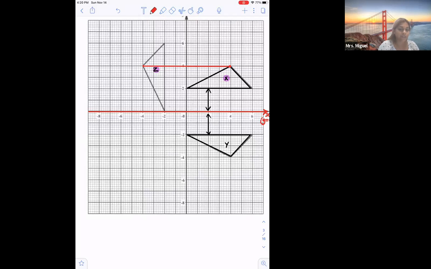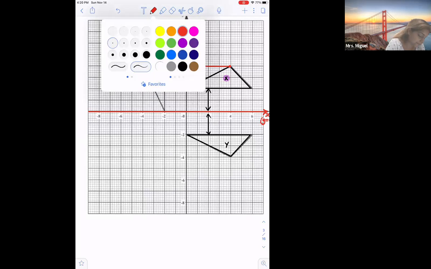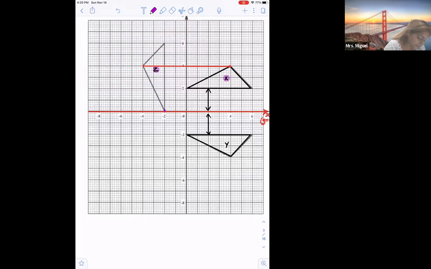The next thing I have to do is connect the second set of vertices. So I have this one and this one. And the last pair of vertices, I have this and this. So here I have 3 straight lines that connect the vertices.